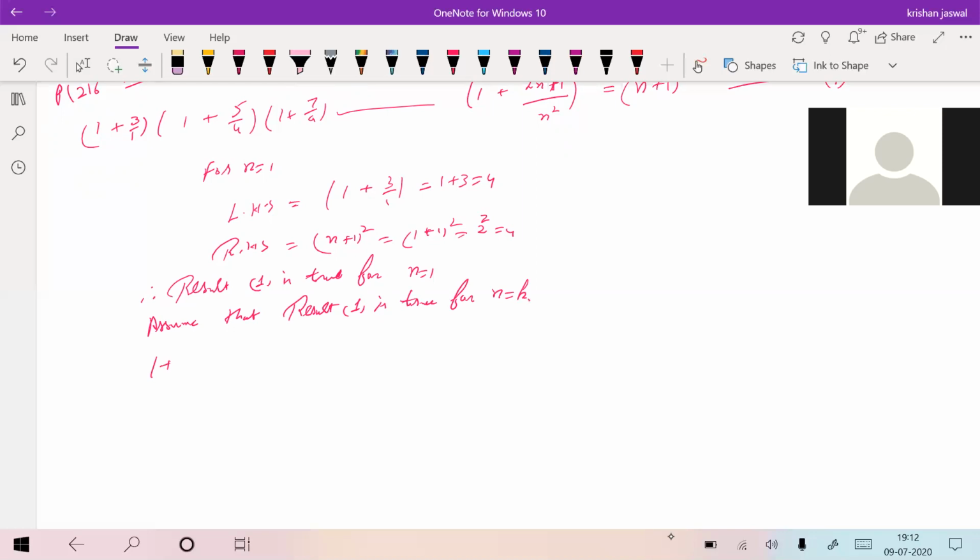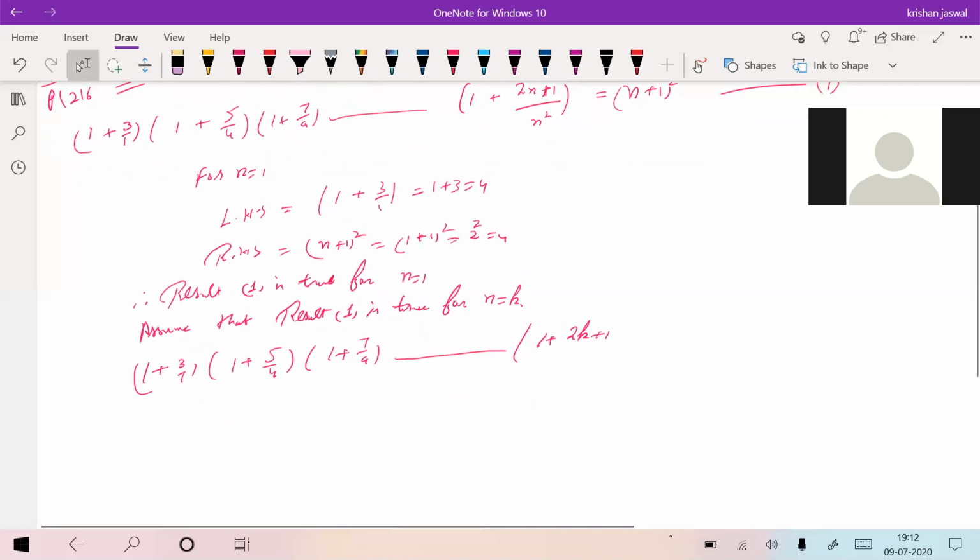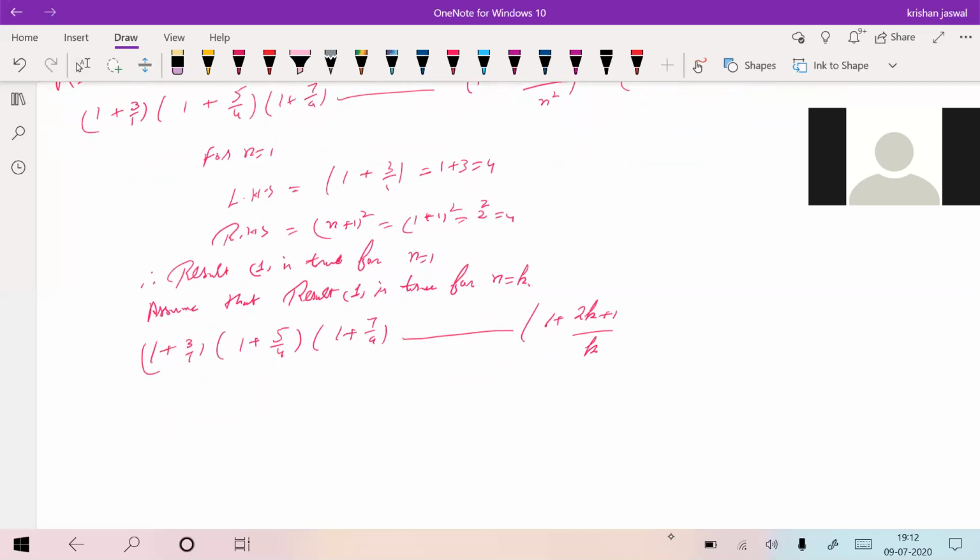Therefore, (1 + 3/1)(1 + 5/4)(1 + 7/9) and so on, up to (1 + (2k+1)/k²), is equal to (k+1)².